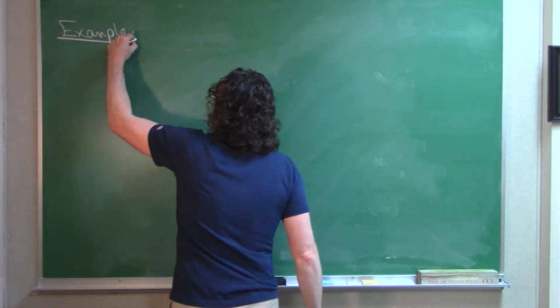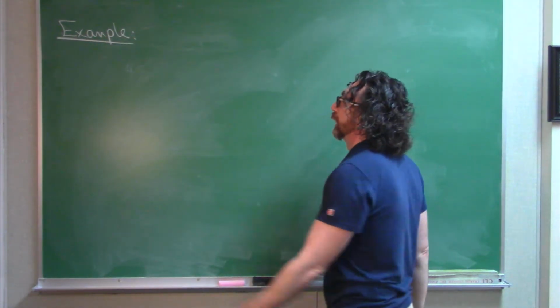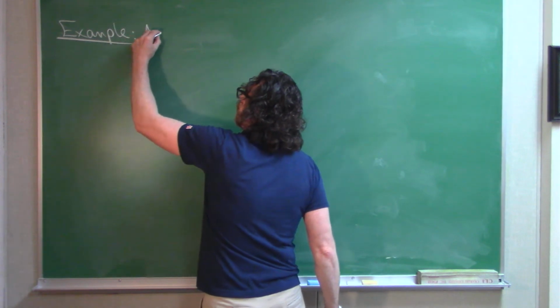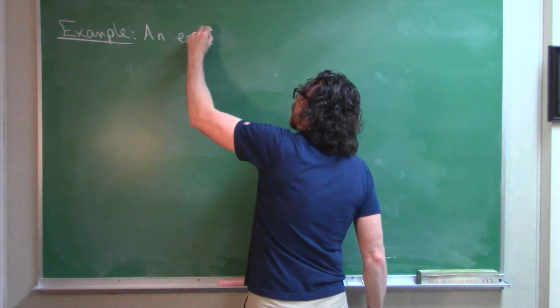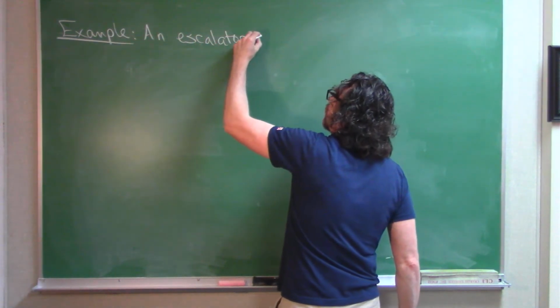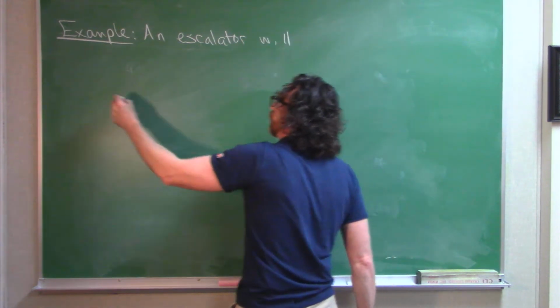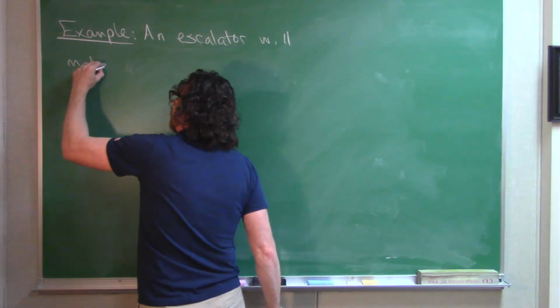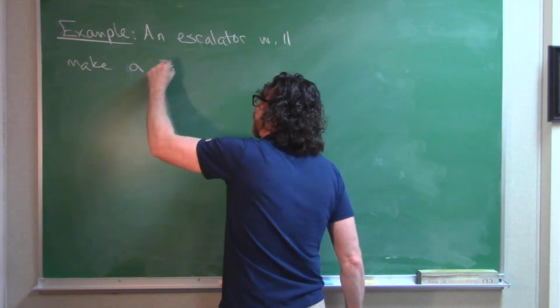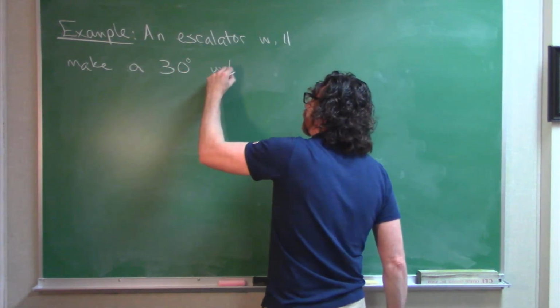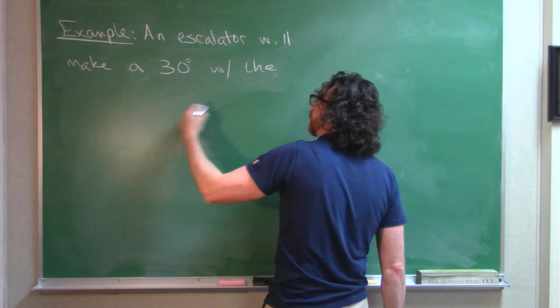Okay, so let's do this example here. An escalator will make a 30-degree angle with the horizontal.